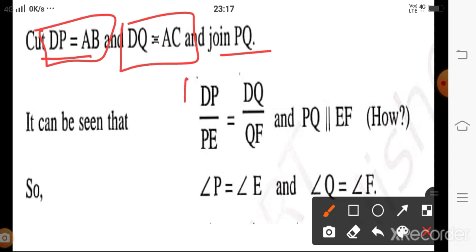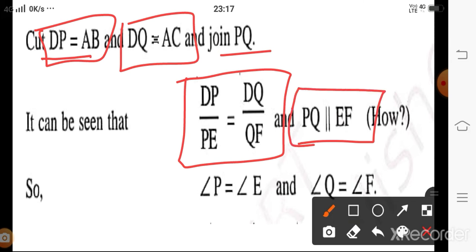Then we get DP upon PE is equal to DQ upon QF, and if we have this, then we are able to write PQ is parallel to EF by the converse of BPT, the basic proportionality theorem.